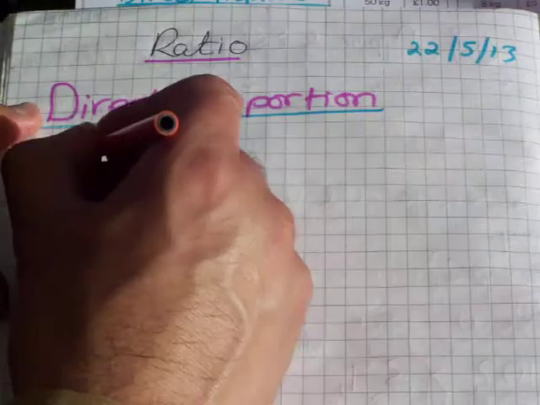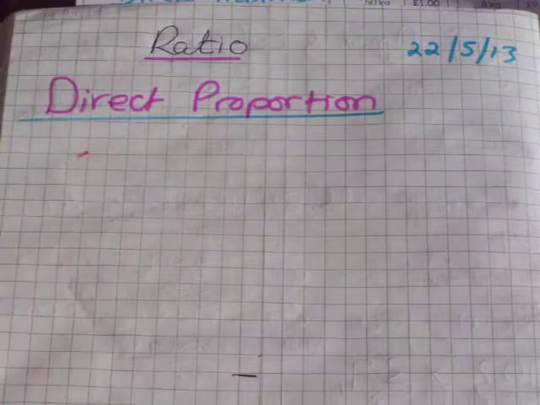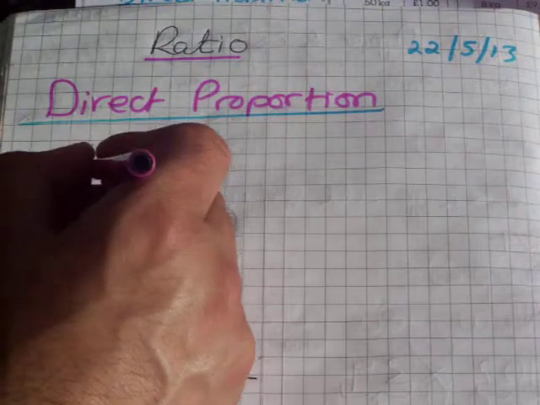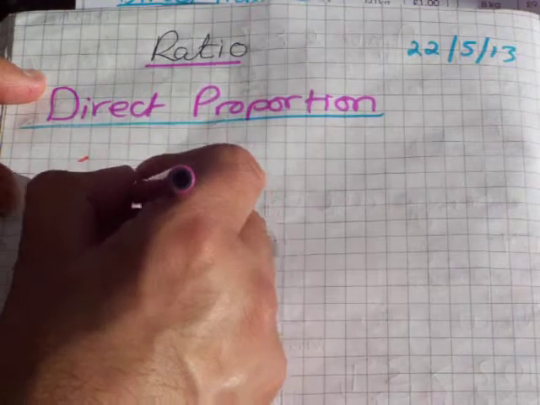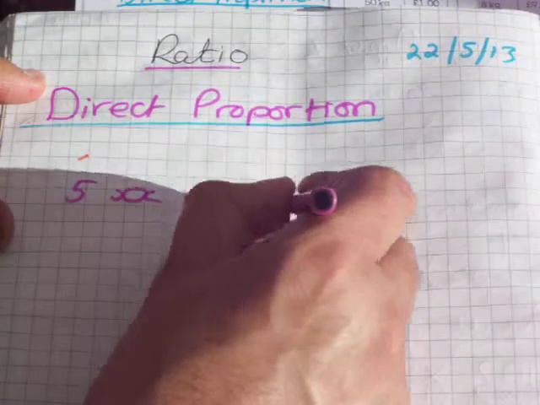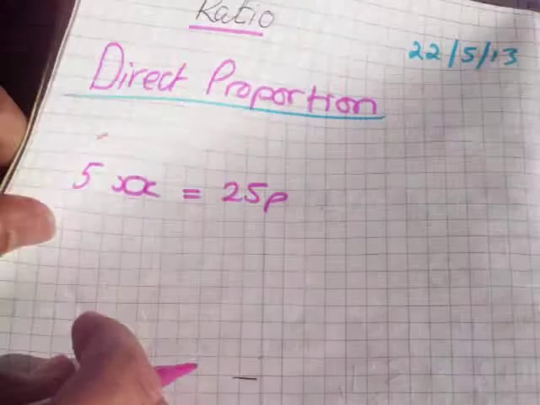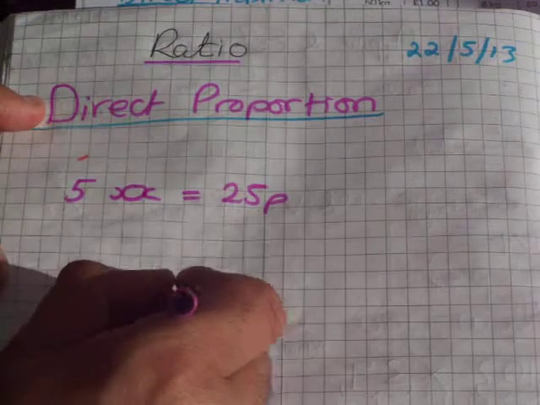Okay, let's start off with our first question. So, Mr. Moyies, in this question here, we have 5 toffees, and they cost 25p. And the question states, how many would 9 toffees cost?